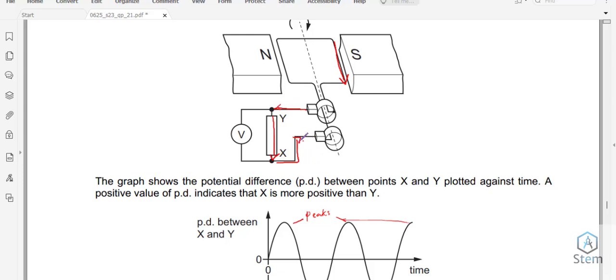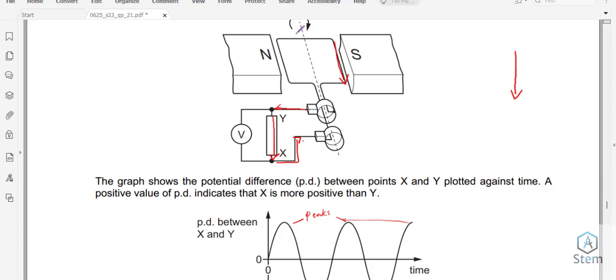Now, this is a generator, and we can figure out the movement of current, the relationship between current, force, and the magnetic field by using the right-hand rule. So if we do the right-hand rule, we can see the force is going down.